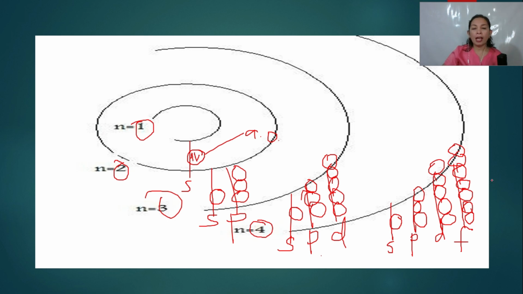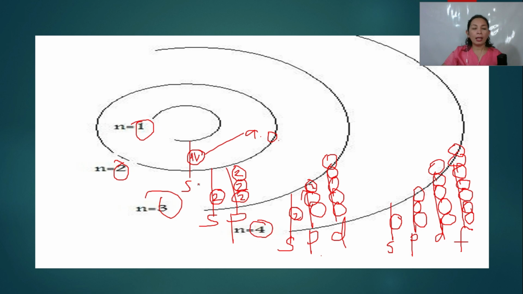We do the same with the other orbitals. So let's just write 2, assuming we already write 2 electrons in all of these orbitals.